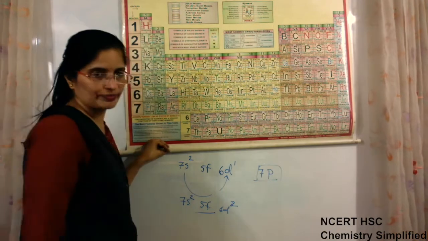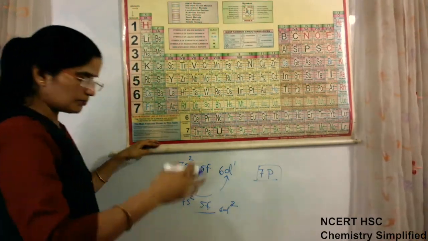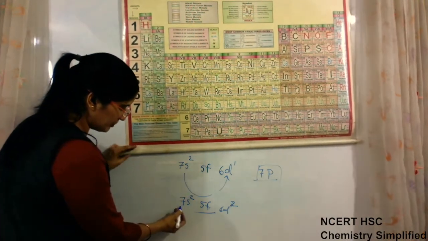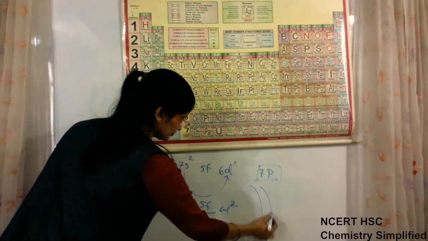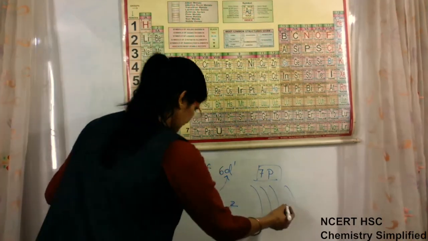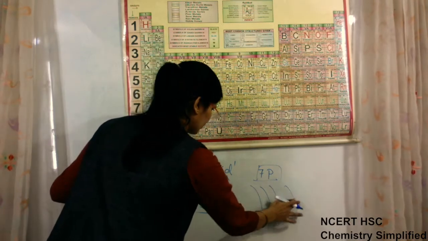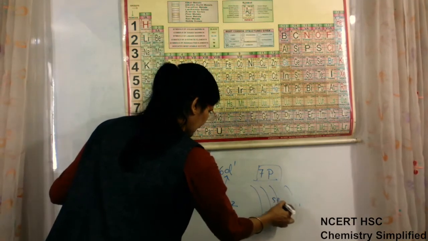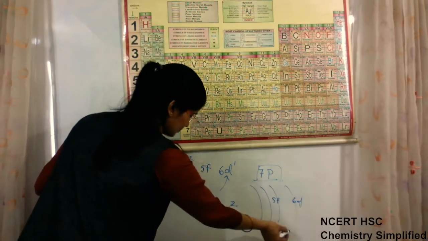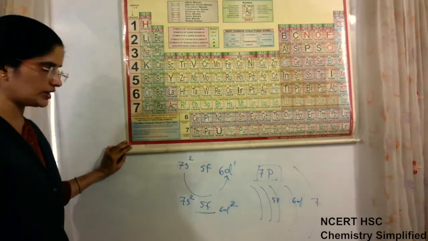Why is it so? It is like this when we come to the shape, or you can say the structure of the atom. 5f is inner and 6d is outer, because the fifth shell, sixth shell and seventh shell will be formed like this.